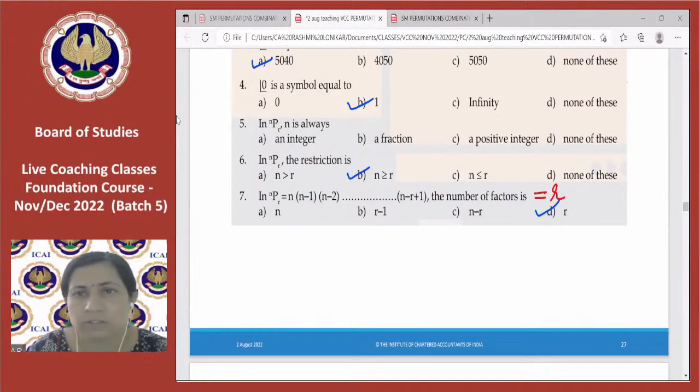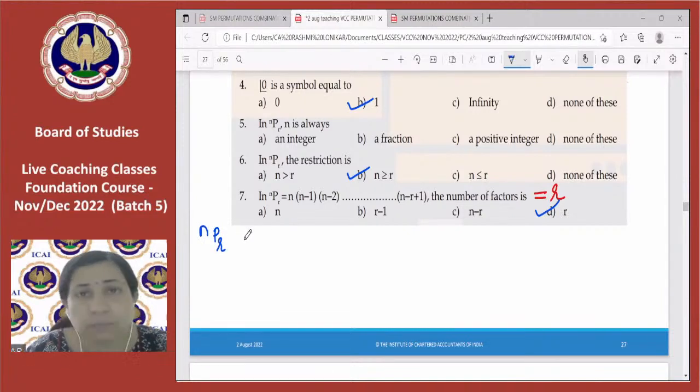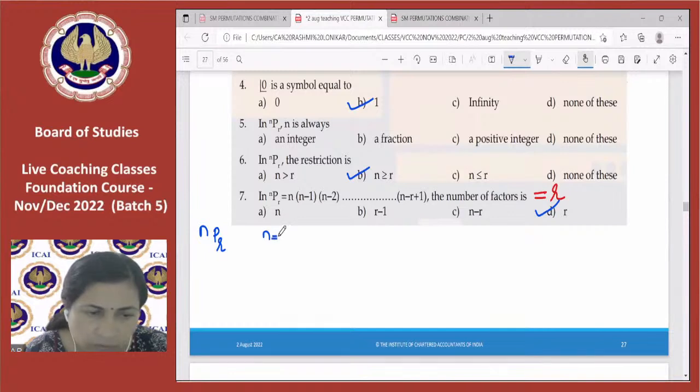Here again it is going to be the same thing. Let us take nPr. Let me give you another example. Let n be equal to 7 and r equal to 4.